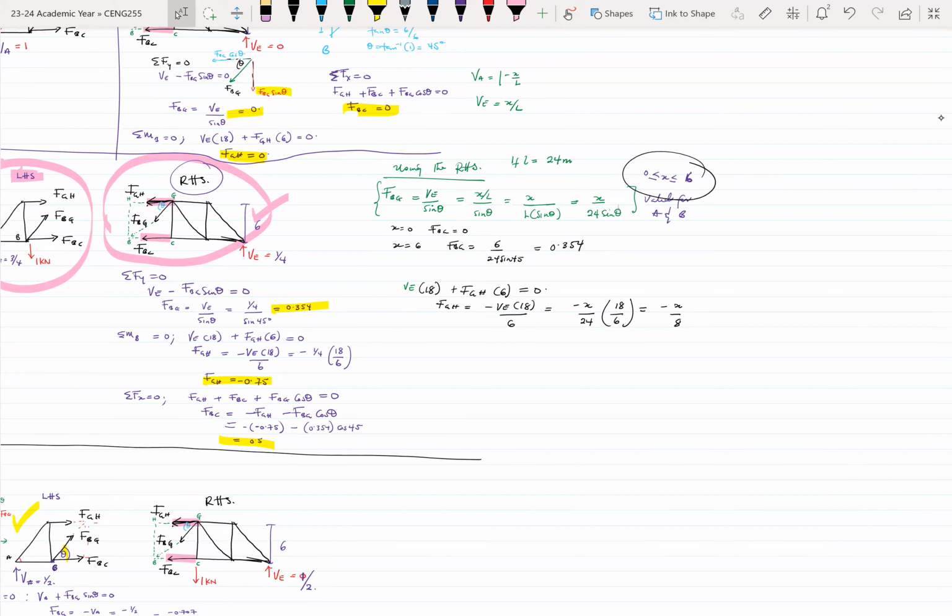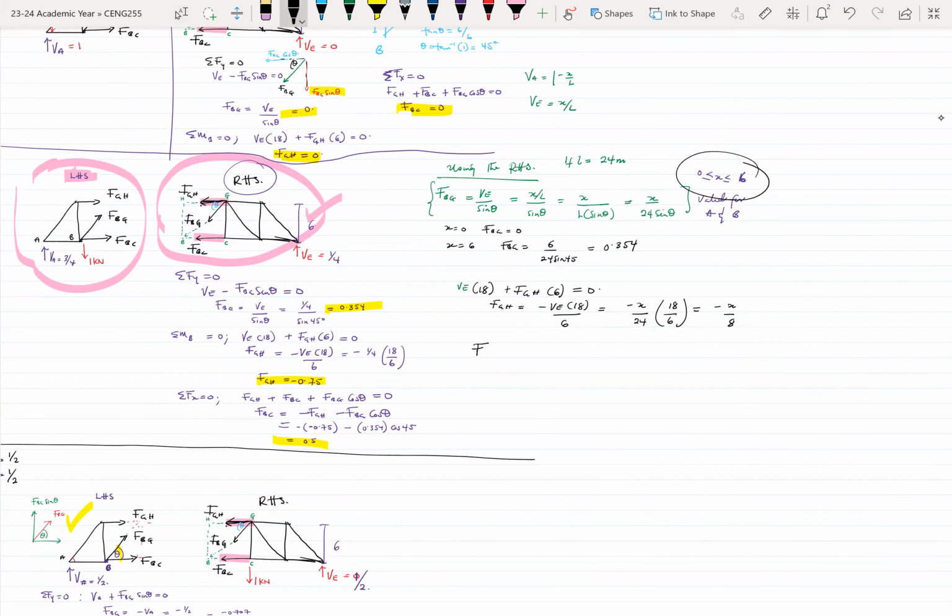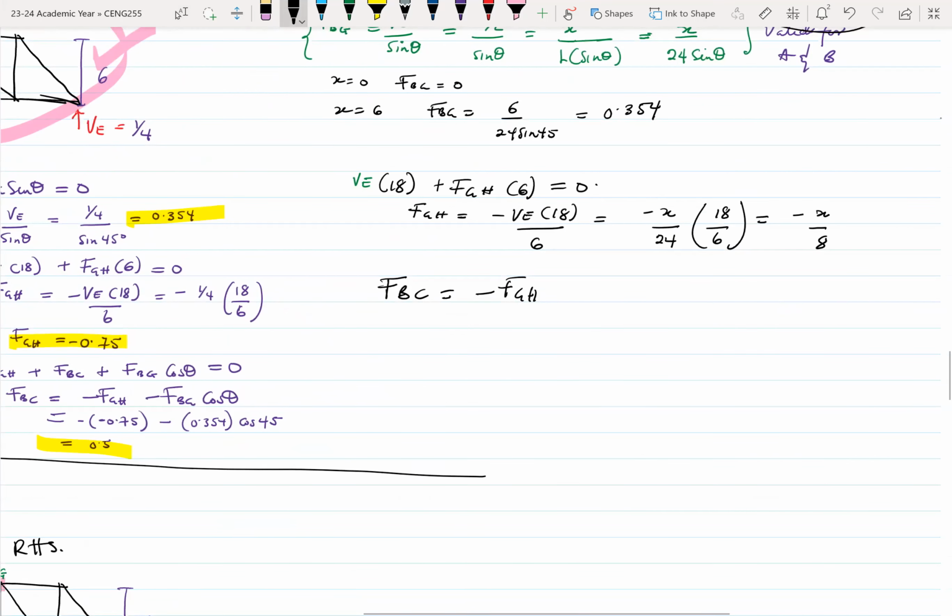In the same way, you can also write an equation for the last bit, which is the FBC. So our FBC, we got it to be what? Minus FGH minus FBG cos theta. So it means that this is equal to minus, our FGH is what?